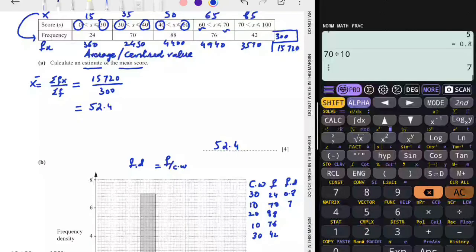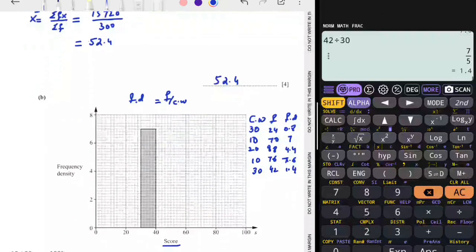Now 88 divided by 20. The answer is 4.4. And 76 divided by 10 is equal to 7.6. And the last one is 42 divided by 30 is equal to 1.4.